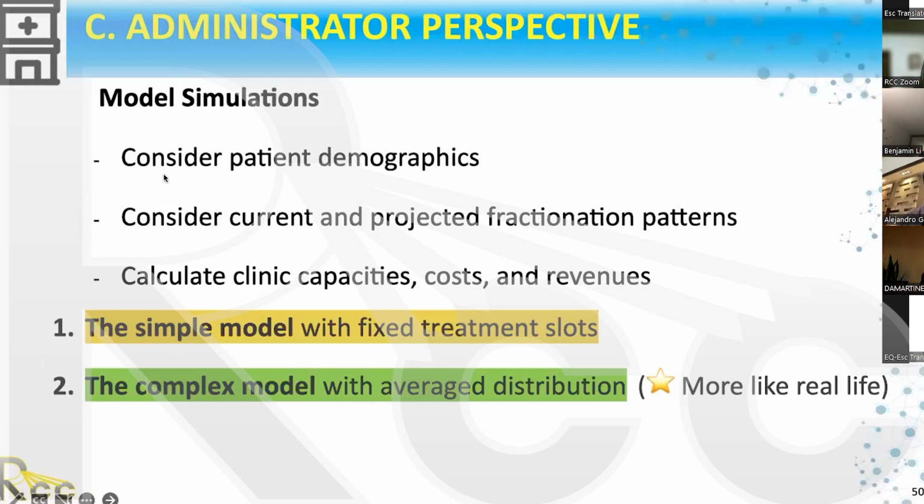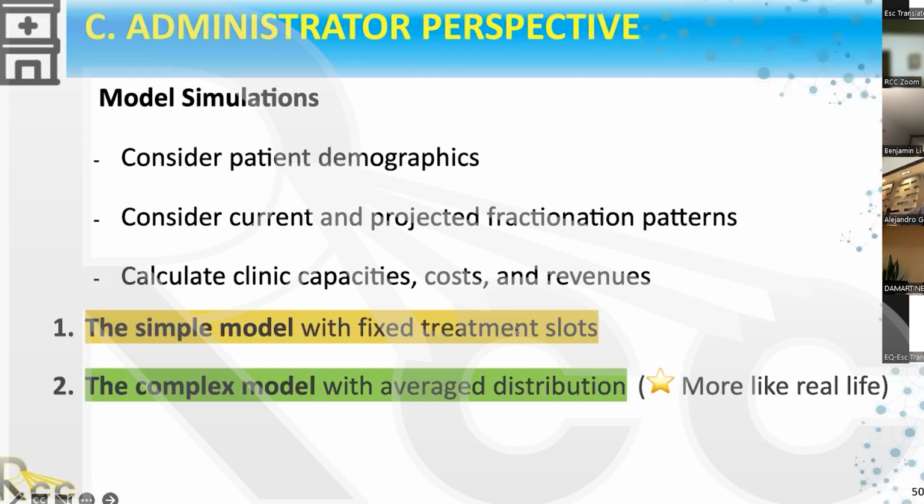And now we are going to make model simulations. We're going to make a model considering the demographics of the patient, the fractionation patterns that are projected, and calculate the clinic capacities, the costs, as well as the revenues. And there are two ways that we can do this.